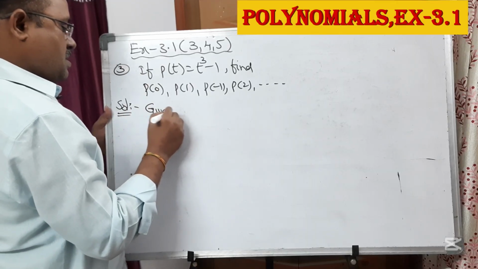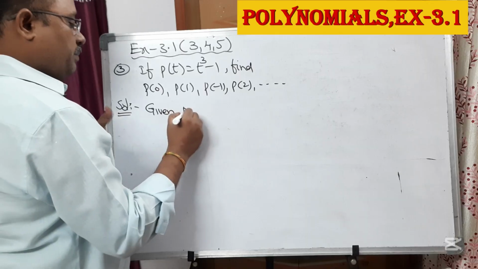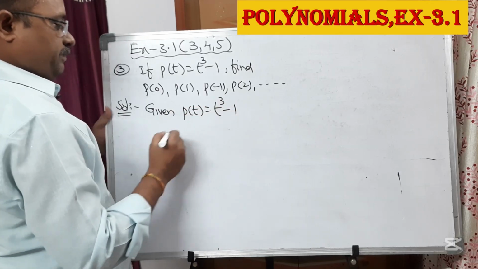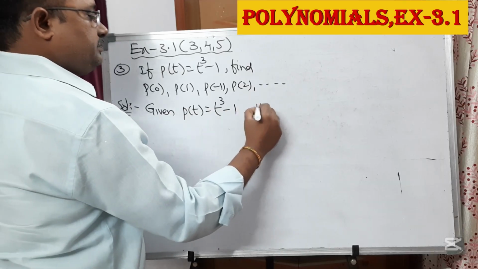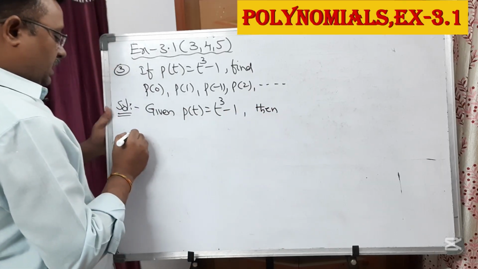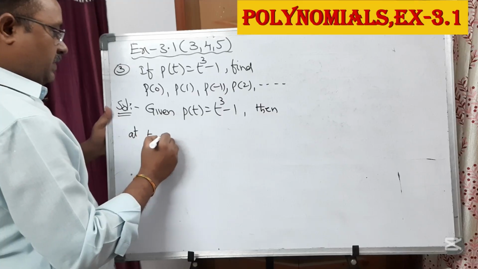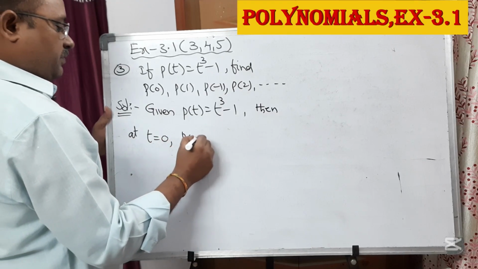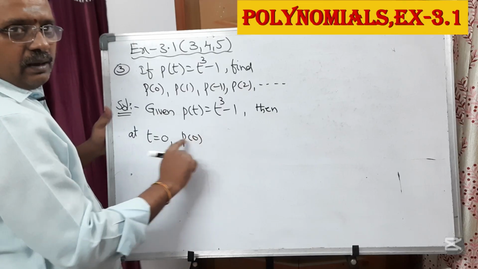How to do? Given p of t is equal to t cube minus 1, then at t is equal to 0, variable value 0, p of 0 is the polynomial value, habituate like this.